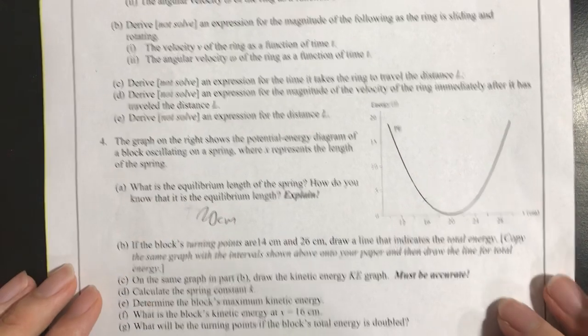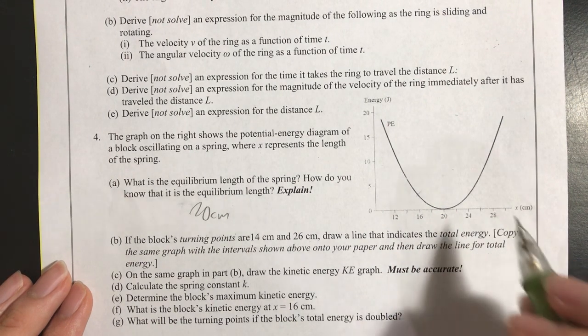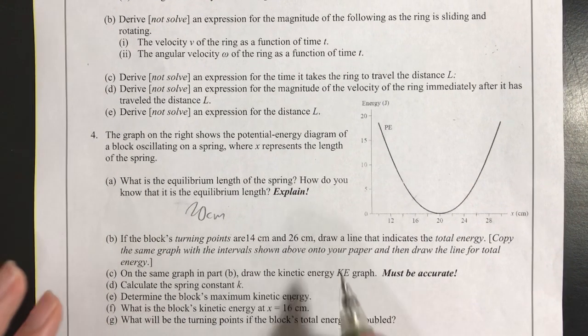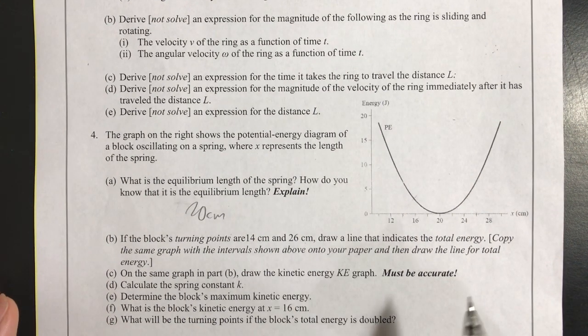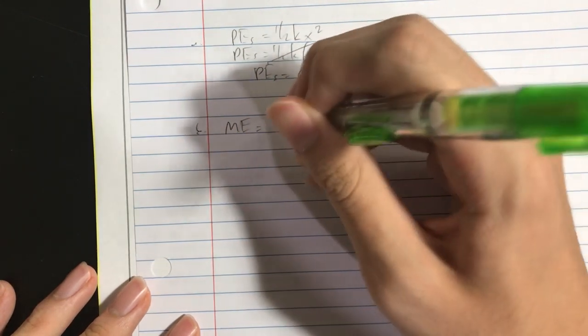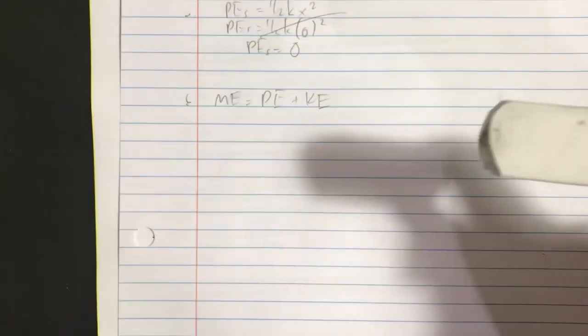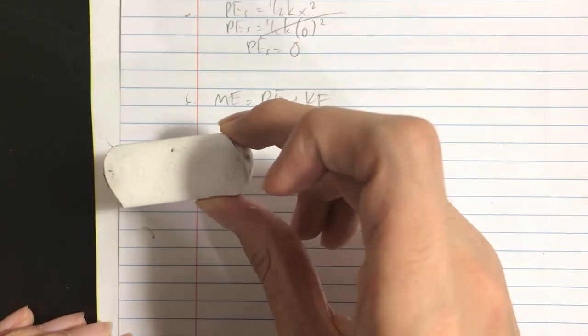Part B. If the block's turning points are 14 centimeters and 26 centimeters, draw a line that indicates the total energy. Total energy, I'll call it ME for mechanical energy, is equal to the sum of potential energy plus kinetic energy. At the turning points, the block, I'll use an eraser as an example, turns around.